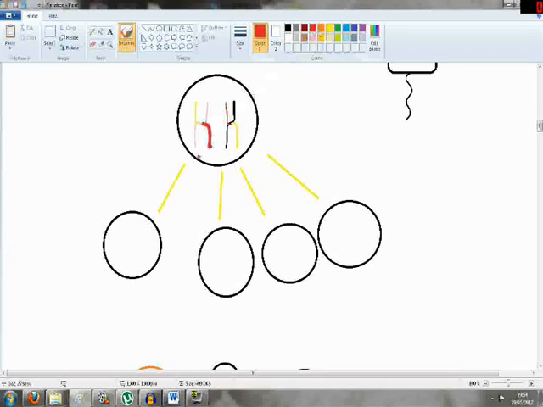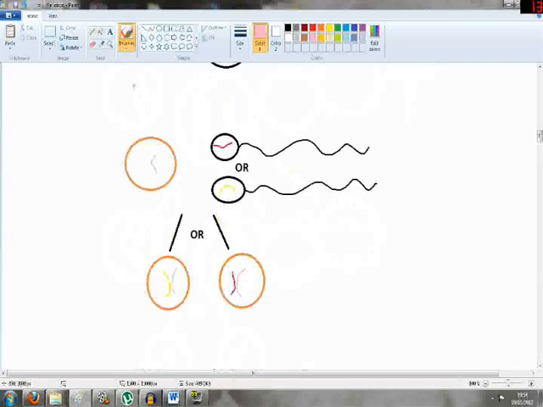Additionally, the chromosomes can be differently arranged, so you can have a red one and a yellow one here, you can have a yellow one and a pink one, and basically you can have all manner of combinations of chromatid, and therefore this leads to more random diversity and thus more variation.